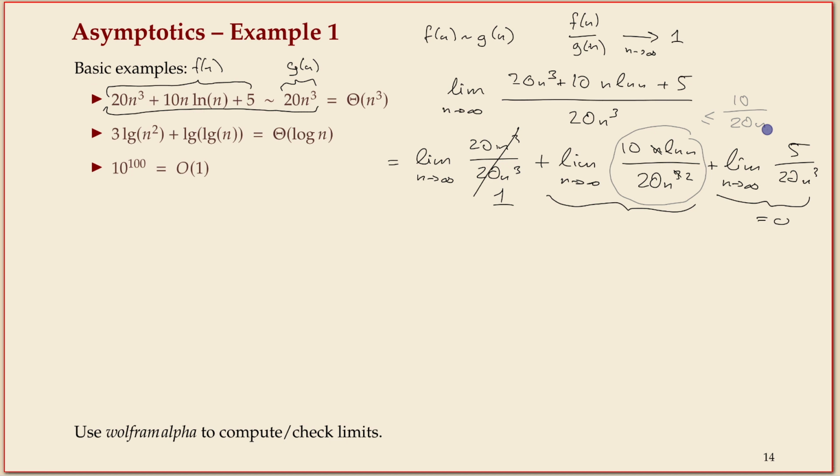And so again, we have something that goes to 0. There's other ways to do it. If you have the quotient of two functions and both go to infinity, you can use L'Hopital's rule, which means take the derivative of the numerator divided by the derivative of the denominator, and then take the limit of that. If you keep doing that a few times for all polynomials and logarithms, that will resolve to the answer.